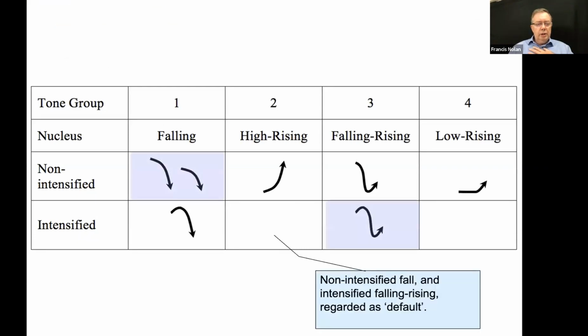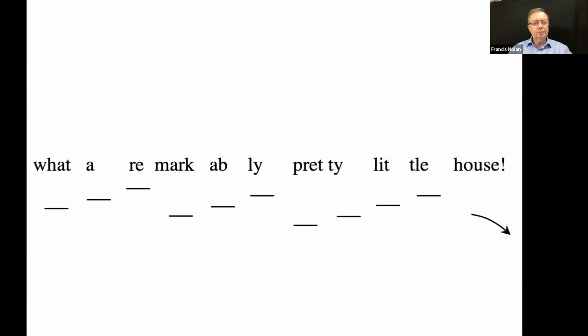And he recognizes intensified variants of the fall and the fall rise, and actually says that the non-intensified fall is, if you like, the unmarked term, the less meaningful variant, but that the intensified one, here we are, I hope you can see the arrow, the little kick up in pitch in the nuclear syllable, is the default or the unmarked term for the fall rise. This is very like the kind of inventory you'd get in the mid-20th century.